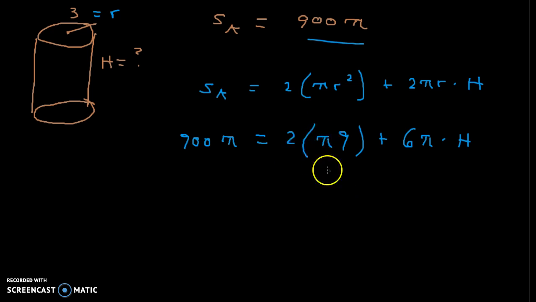Good so far? Okay, we can simplify this a little bit. 2 times pi times 9. Hopefully you can see that that would be 18 pi plus 6 pi times h, and then all that is equal to 900 pi.